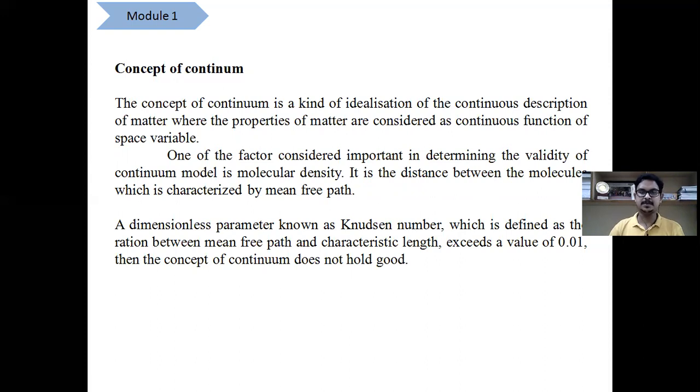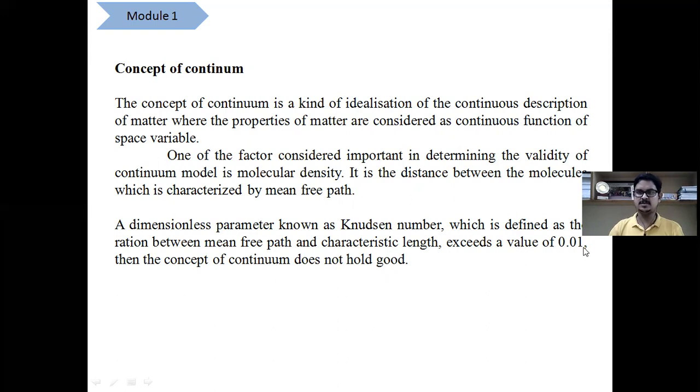In terms of the concept of continuum, this mean free path is very important. Another dimensionless parameter known as the Knudsen number is the ratio between the mean free path and the characteristic length of a system. The characteristic length is defined as the volume divided by the area. So lambda divided by capital L is the Knudsen number.